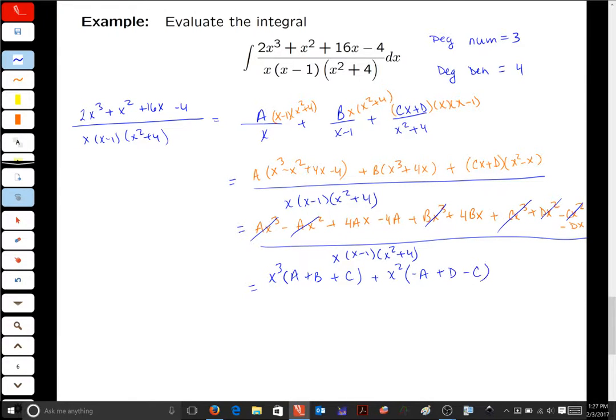And that's everything. What do we have times the x terms? 4a, 4b, and minus d. And then the last term is going to be minus 4a. All of that divided by x times x minus 1 times x squared plus 4.